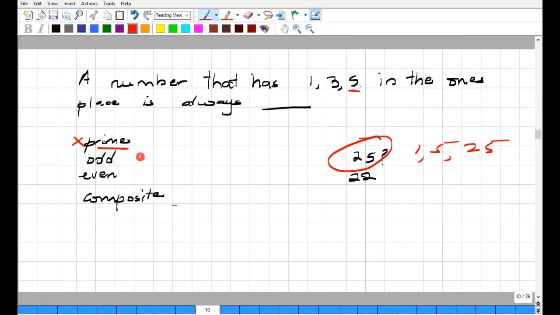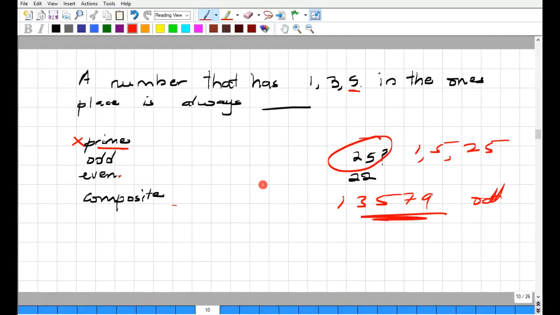Okay. Is it always even? In fact, 1, 3, 5, 7, 9, these are odd numbers because they are not exactly divisible by 2.